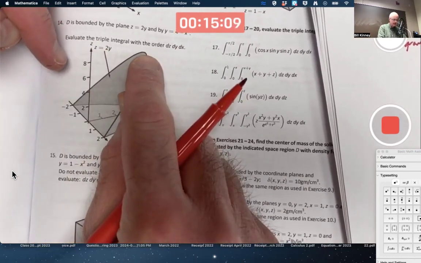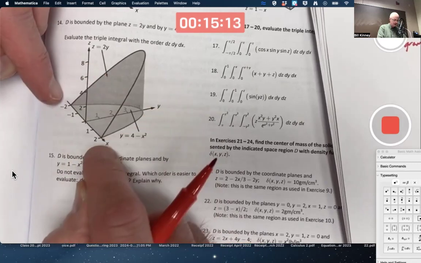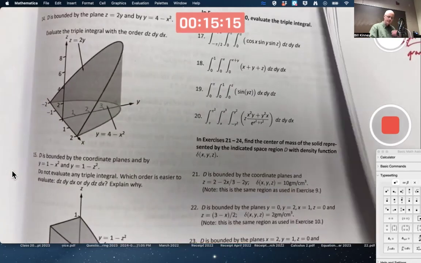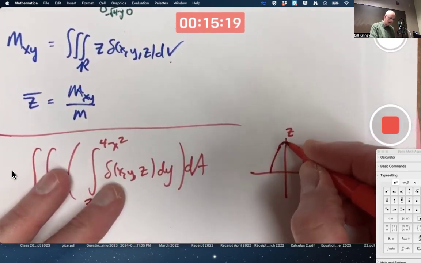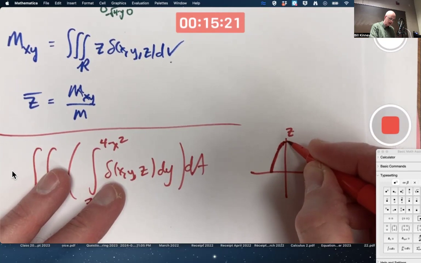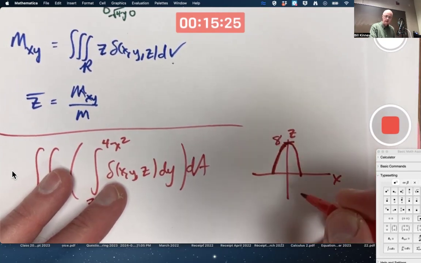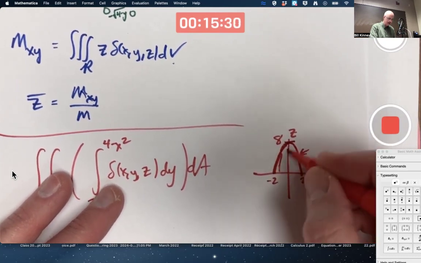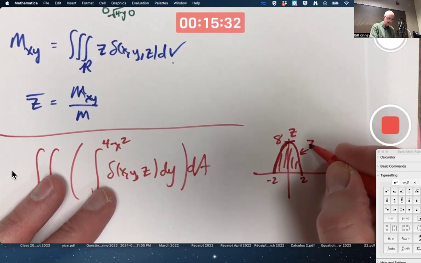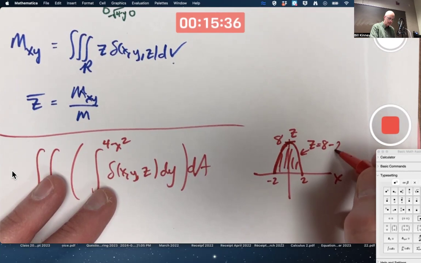Since the highest value of z there is 8, the highest value of z here will also be 8, and x goes between -2 and 2. It's going to be a bit more of an extreme parabola. I'm not really drawing it that way, but that'll be an 8 up there instead of a 4. Still -2 to 2. You can just look at that and figure out its equation: z equals 8 minus, not x squared, but 2x squared.